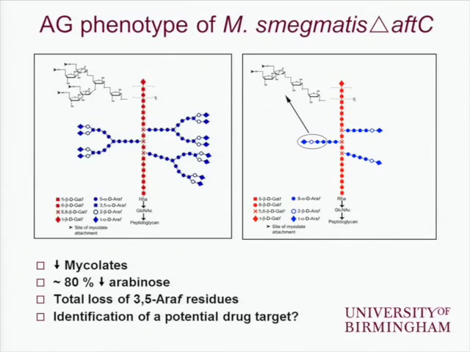So the mycolates are down in terms of mycolation, which is what you'd expect because we have less termini. We've lost the 3,5 residues and we only have this linear 1,5 backbone. So this has really identified a potential drug target for us in terms of cell wall synthesis, in that if we try to knock out this particular gene in Mycobacterium tuberculosis, we can't.